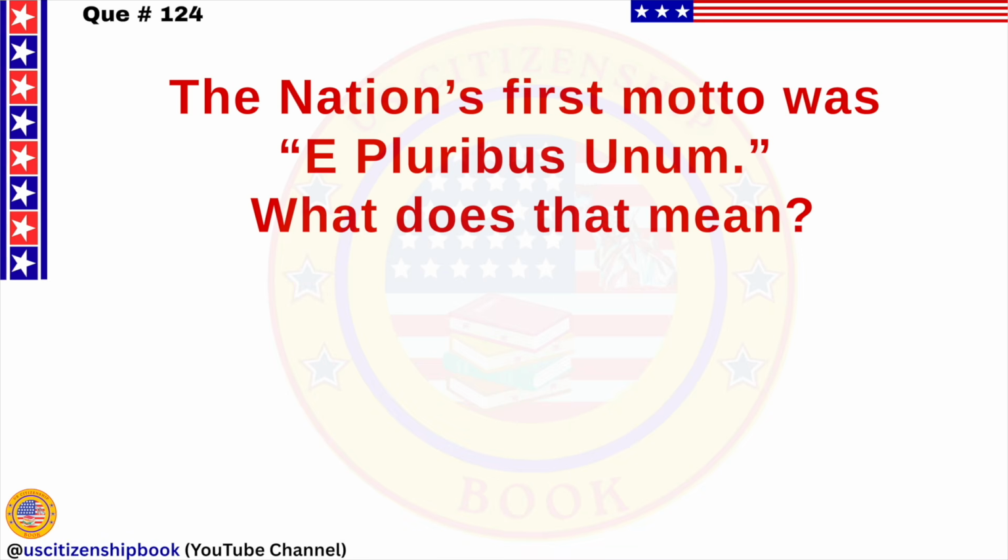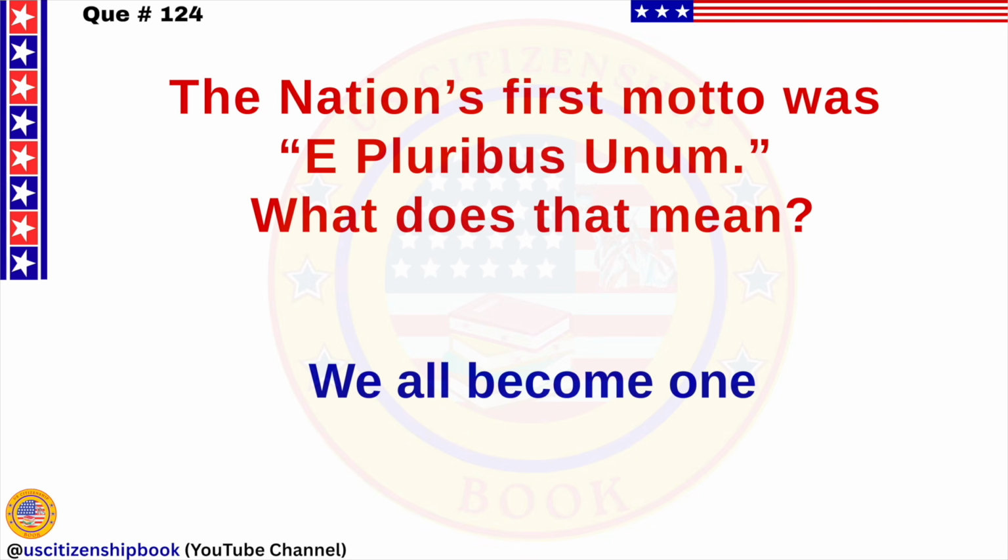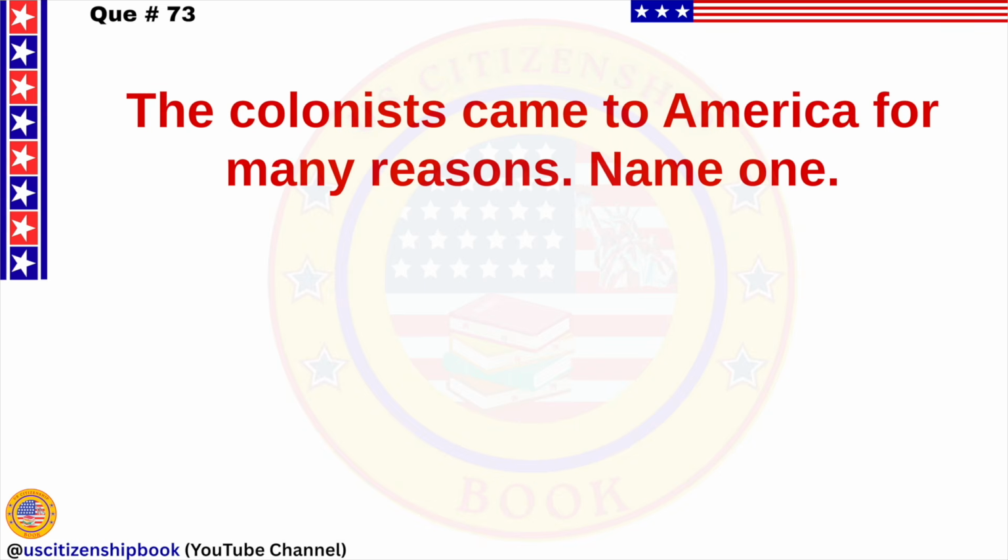The nation's first motto was, E pluribus unum. What does that mean? We all become one. The colonists came to America for many reasons. Name one.